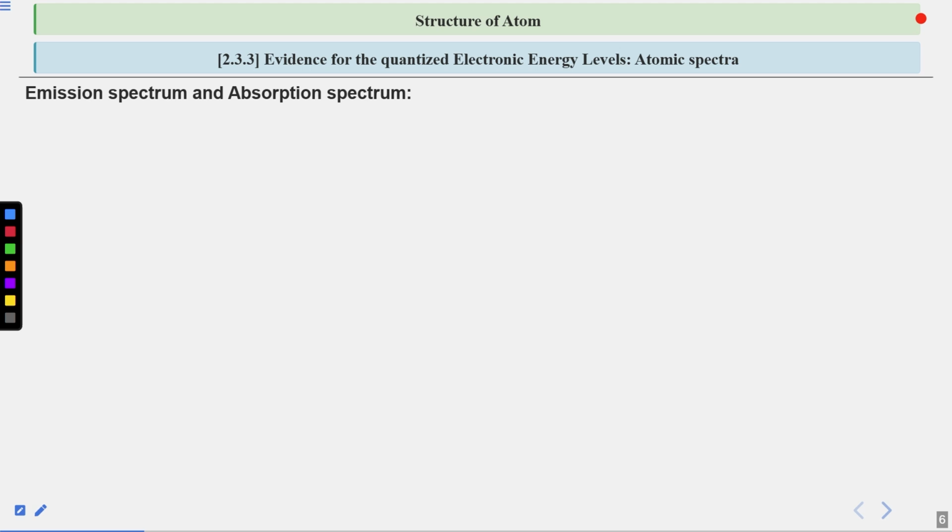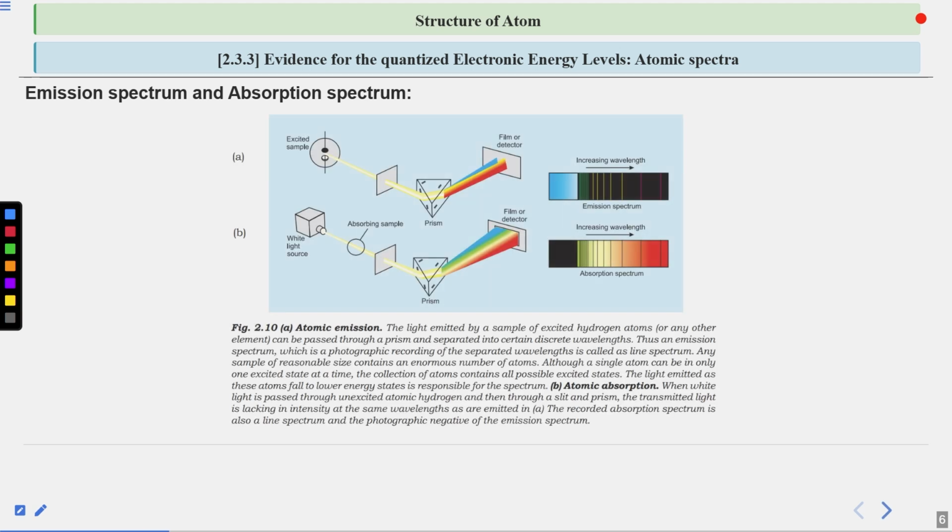Now let us try to understand what are emission and absorption spectra. So this is a diagram for you. Now you see that there are two diagrams here. First is A, in which there is an excited sample which is delivering some light.